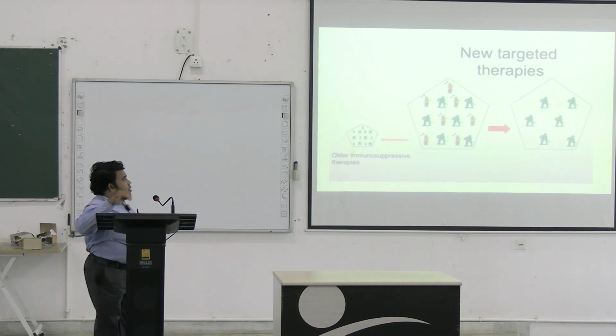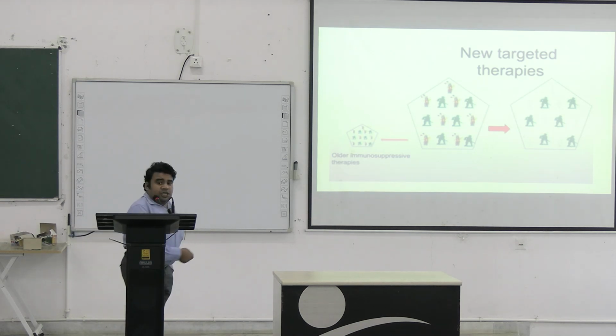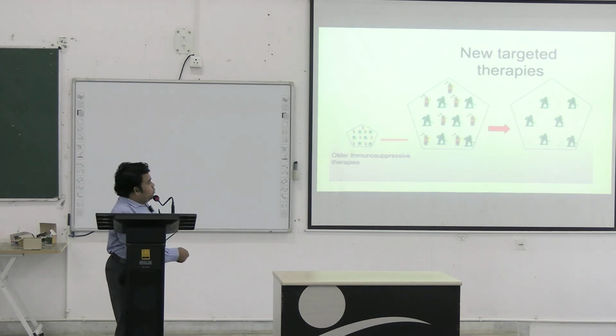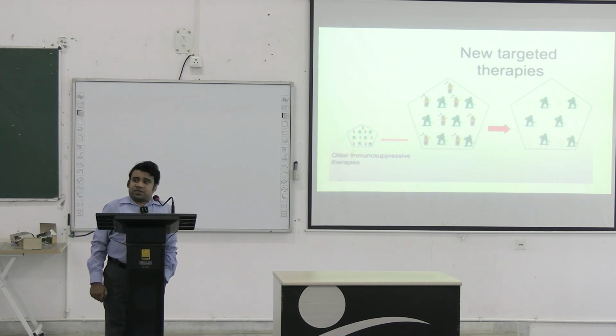That means, if we look at this diagram, if we give immune suppressive therapy, all parts of the immune system will be suppressed. But what we do need is suppression of the improperly acting parts, so that the patient does have a normal immune status to prevent infections further on.